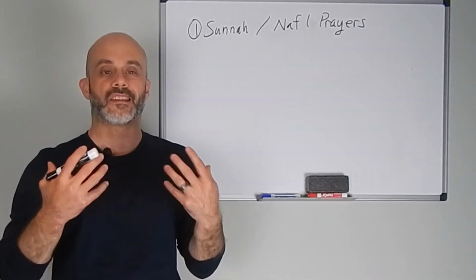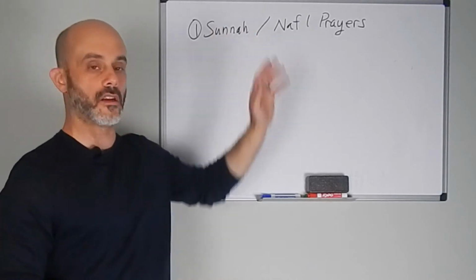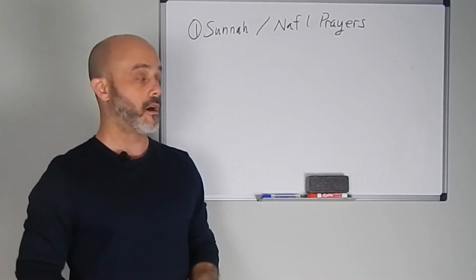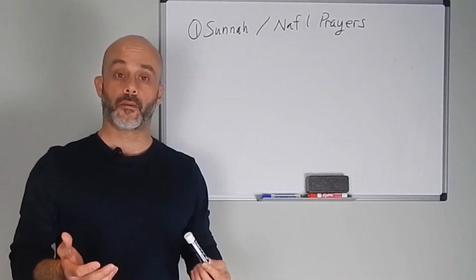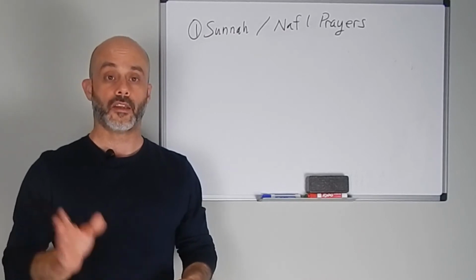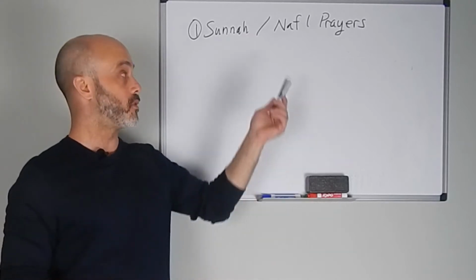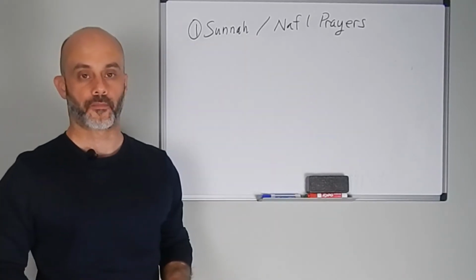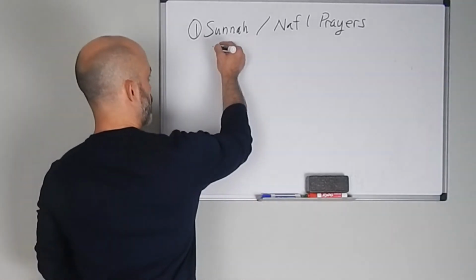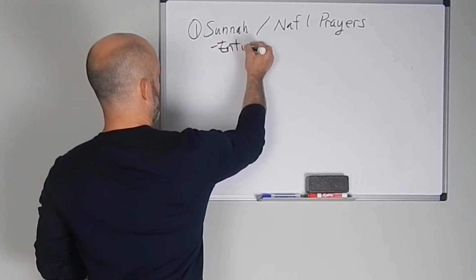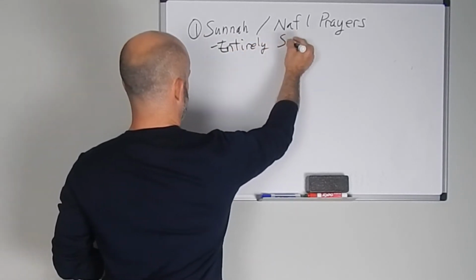All these pieces, the entirety of the whole prayer for sunnah and nafil are silent. So when you're at the masjid and you see people praying and you don't hear anything, they're either doing a sunnah prayer or a nafil prayer. So these are entirely silent.